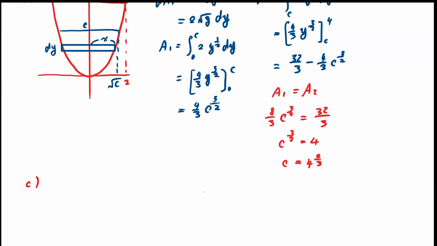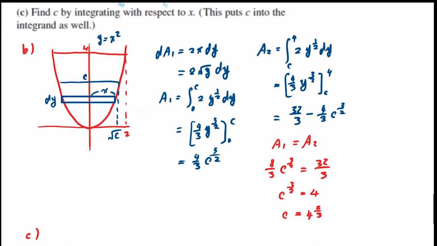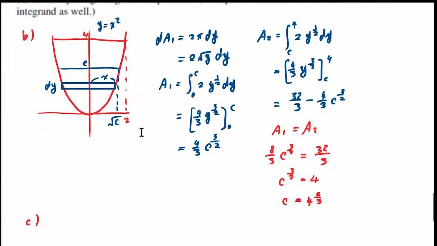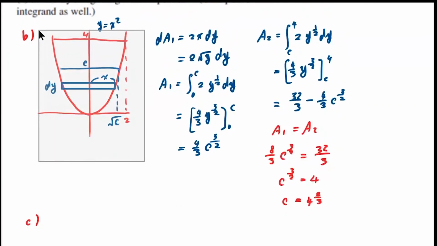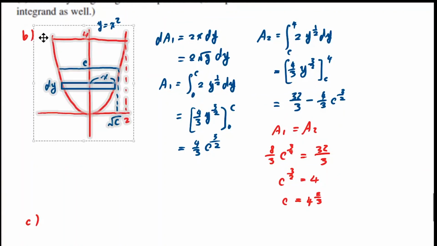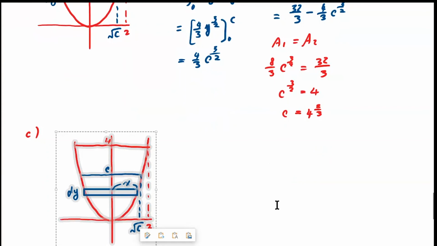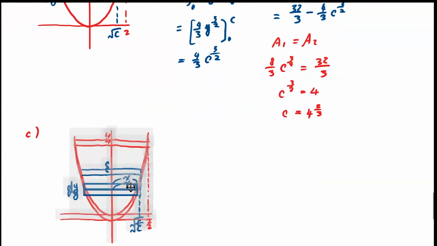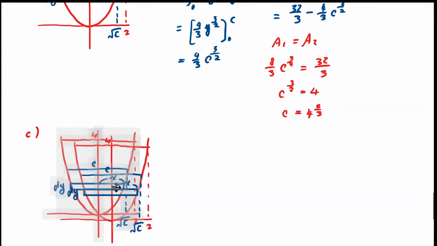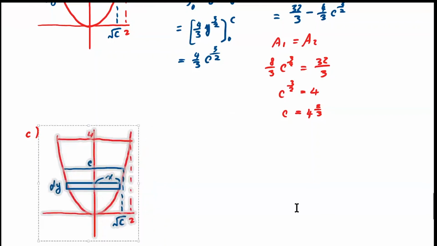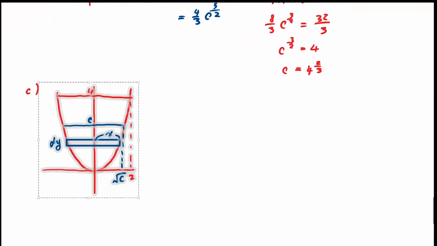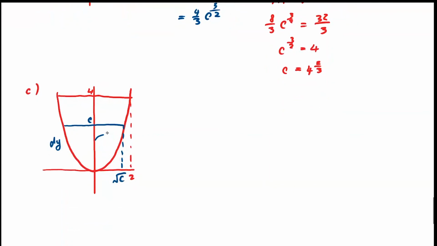Okay, part C. I'm going to draw that same page. Oh, right, this is a computer. I can copy and paste, eh? Beauty. So this is part C. But I need to erase that thingy.